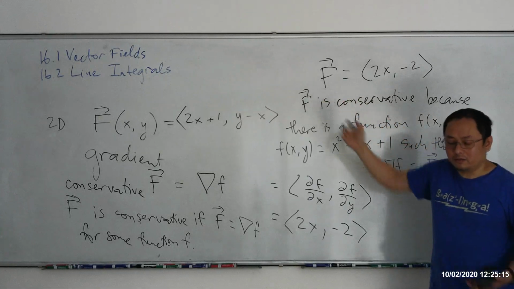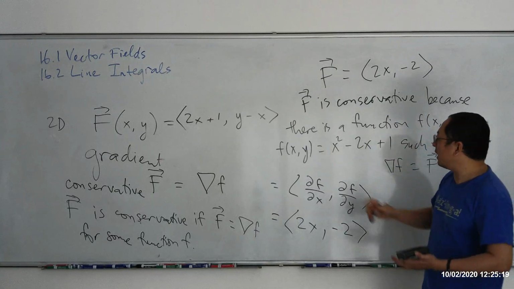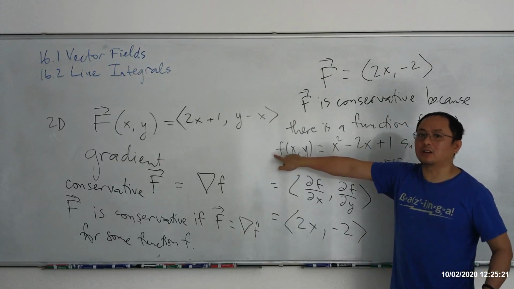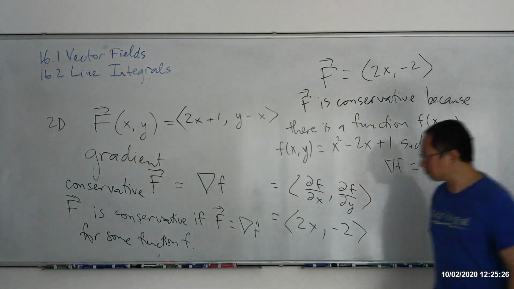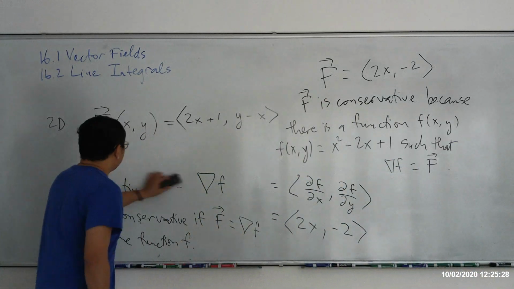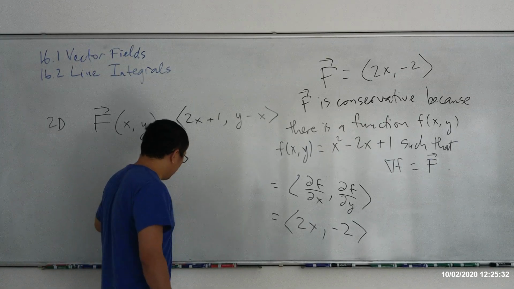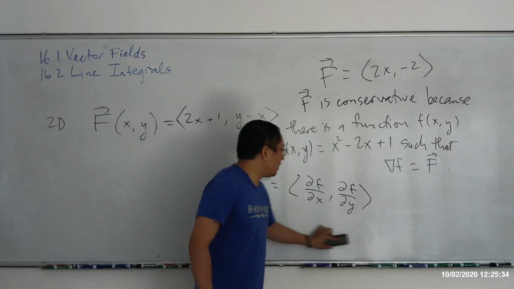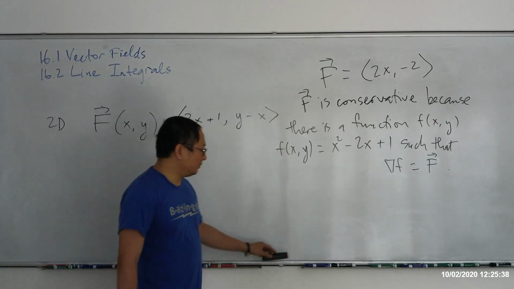One more time, a vector field F is conservative if we can find a function f such that the gradient of the function f is equal to the vector field. And of course, the same idea holds if you have a vector field in 3 variables, 4 variables. Are we good?